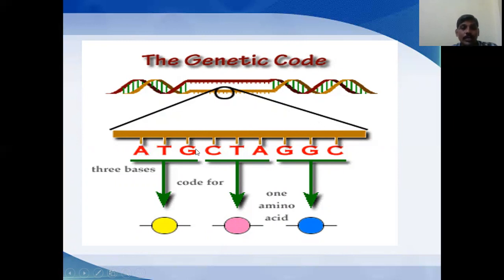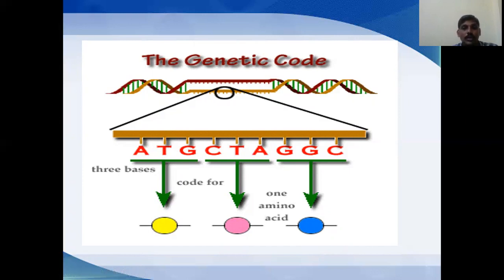So here ATG is a 3 nucleotide group which recognizes a particular amino acid. So 3 bases code for 1 amino acid. In this way, ATG recognizes 1 amino acid, CTA recognizes 1 amino acid, and GGC recognizes the 3rd amino acid. In this way, amino acids are recognized.